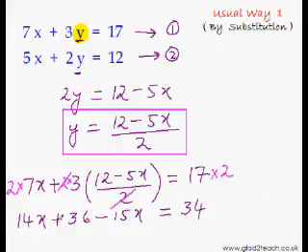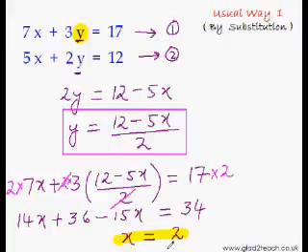So 14x minus 15x would be minus x, and 34 minus 36 will be minus 2. Now since minus is on both sides, we can simply cancel it out. And finally, we have managed to find the value of x. x is equal to 2.